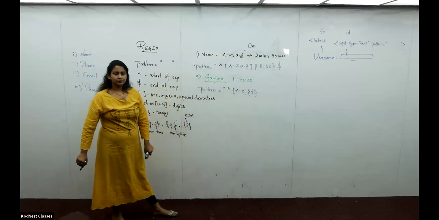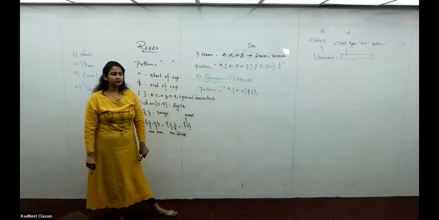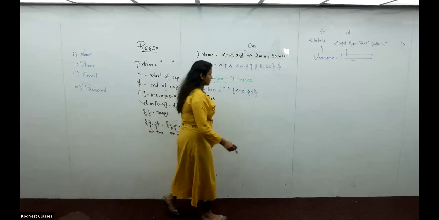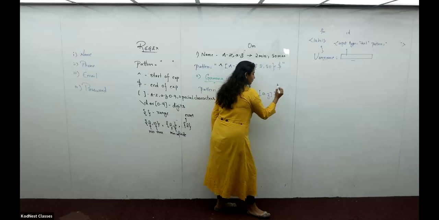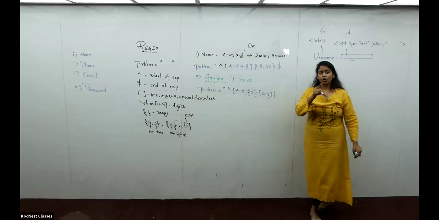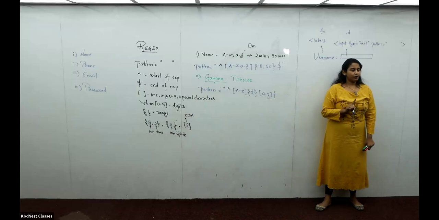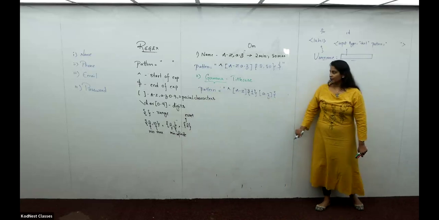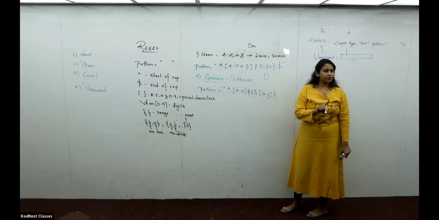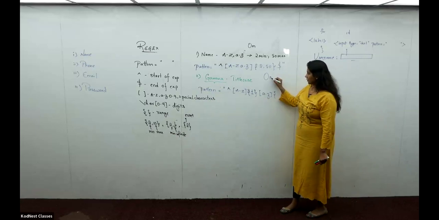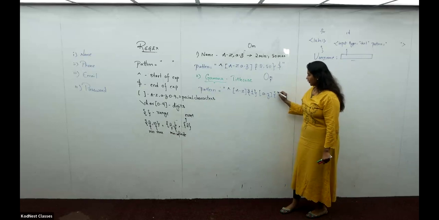Then followed by small letters. So square bracket, small a to z, range. Minimum 1 or 2? Already here, 1 I have given. Minimum how much you need to have? 1. That is the m. What if you give it as 2?